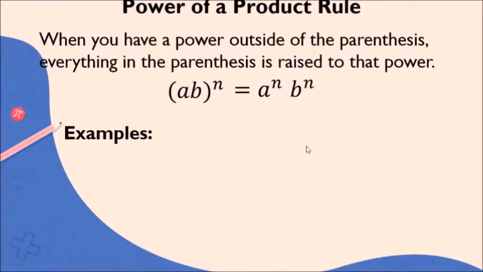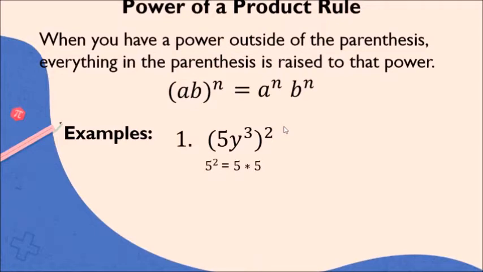Let's have the examples. I have here 5y cubed raised to the power of 2. Class, remember, I am raising a number to 2. And I am also raising variables to 2. So here, do not be confused. This is 5 squared.